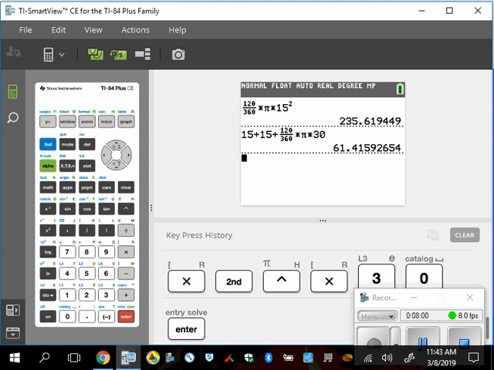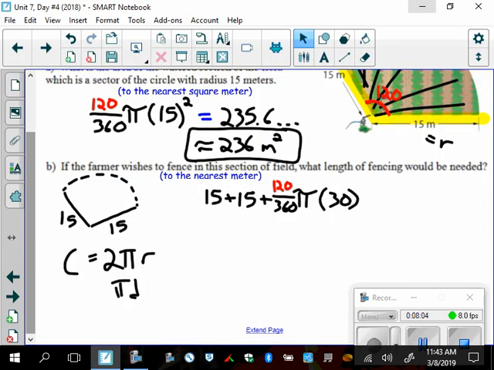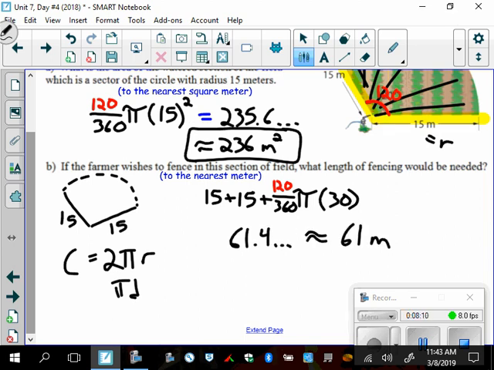If I was actually the farmer, I would get 62 meters of fence. About 61.4 rounds to 61 meters. Now we do have to know that if I'm just measuring a length, it's just meters, because that's one dimensional. Area is two dimensional.